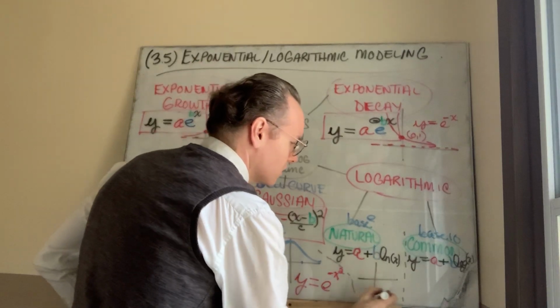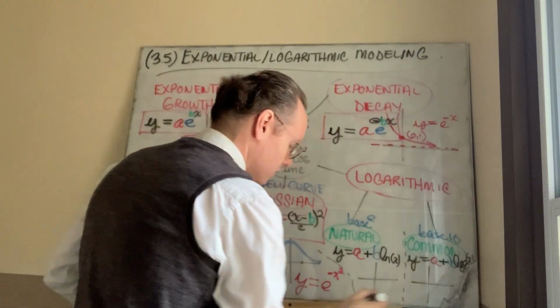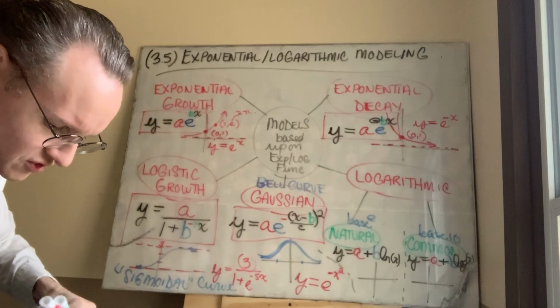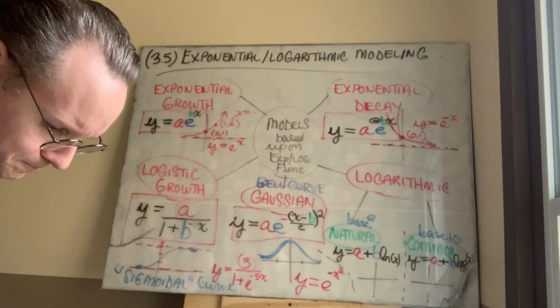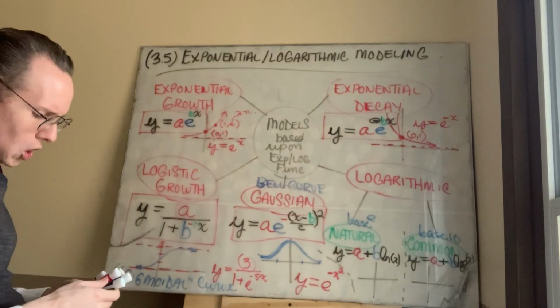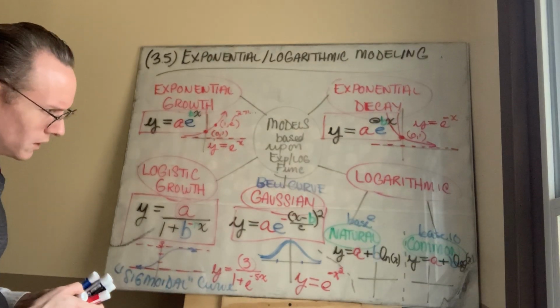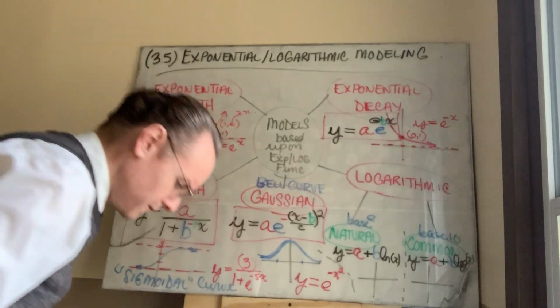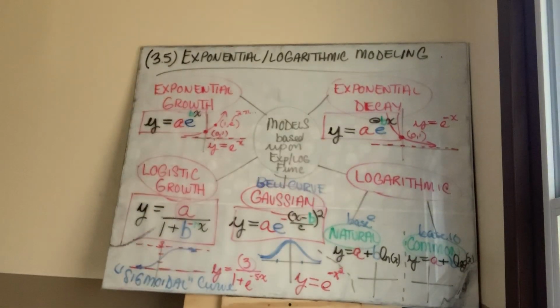Here's what the graphs would look like in both cases. They're very similar, but they're not exactly the same. A log graph, and this is going to be too faint. Be careful.